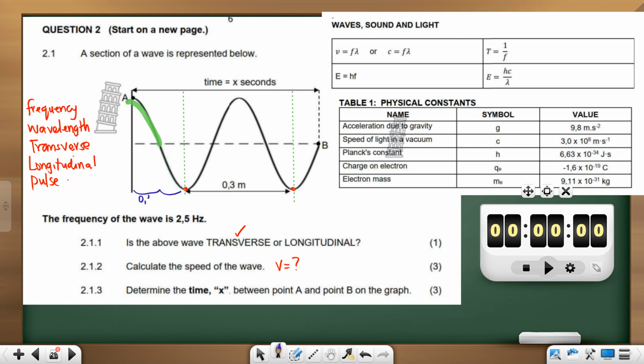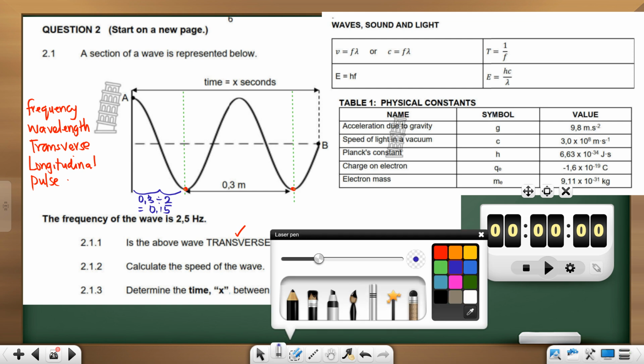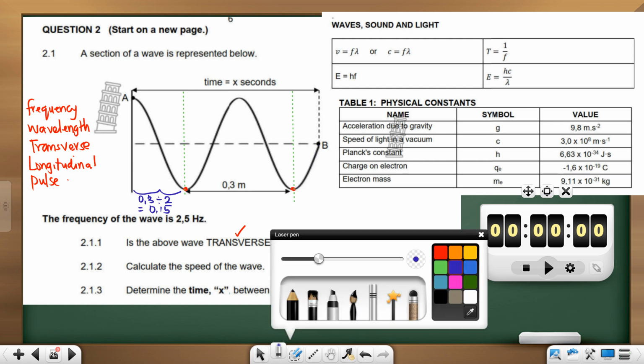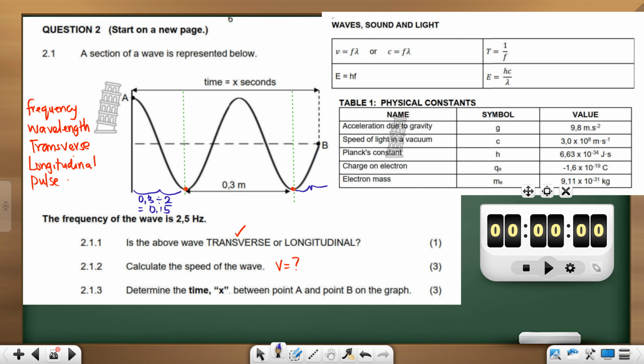So 0,3 divided by 2, 0,15. But if I come to the right hand side, what do you notice? It's not half, it's just a quarter of 0,3. Oh, so what will this one be? 0,3 divided by 4, and that would be 0,075, I think.